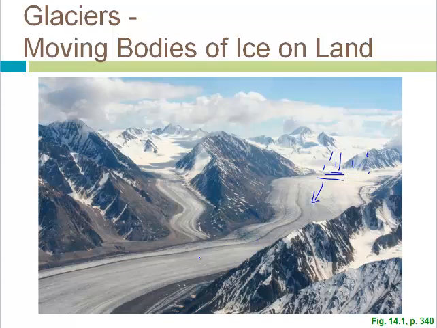But as it gets down further and further, since it's so dry in a lot of these areas, think of Antarctica, this ice will sublimate, which basically means that it goes from a solid to a gas without passing through a liquid state. This is where the ice goes directly to water vapor.